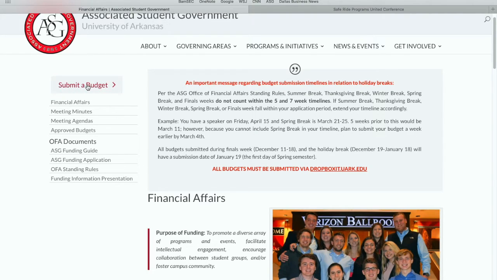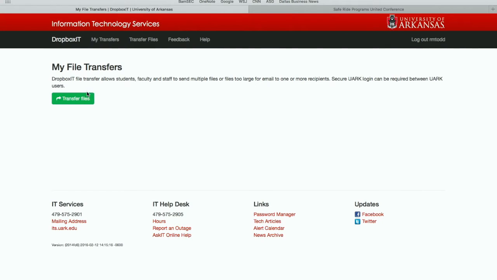Now, if you press this submit a budget, it will take you directly to the Dropbox it.uark.edu page. And so I'm already logged in, but you may be prompted to log in with your university login, so your email and password.